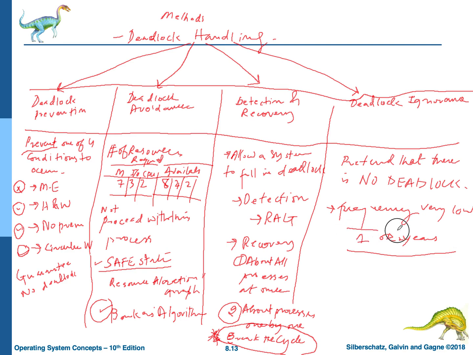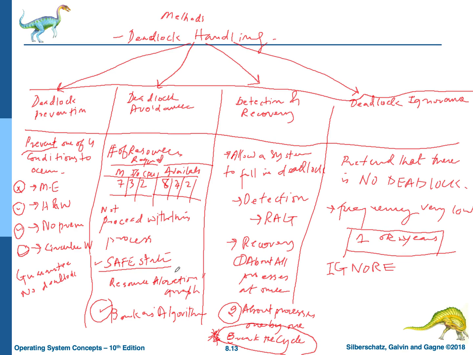So for such a low frequency, why should we take some overhead to avoid the deadlock? So we just ignore it. Ignoring is blessing, right? So we just ignore that there is deadlock.